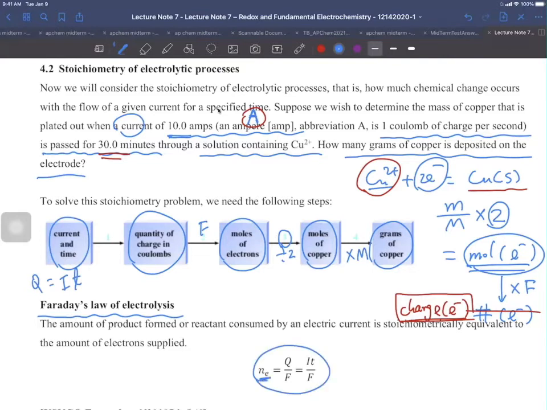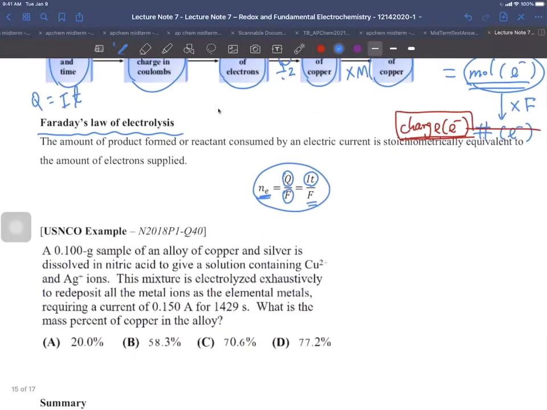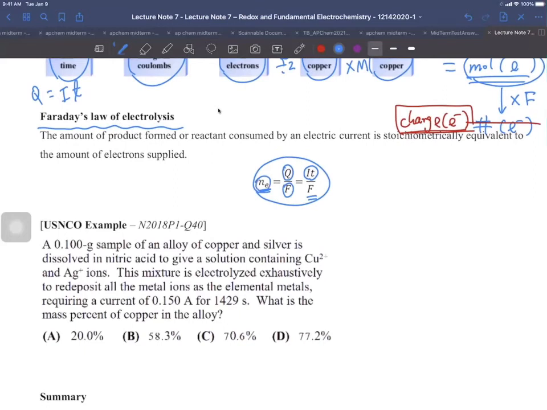The moles of the electrons, Ne, equals the coulombs over the Faraday's constant. The coulomb is the unit of the charge, equals the current times the time. So it's IT over F. And then we can further use the moles of the electrons to get the mass of the metal.